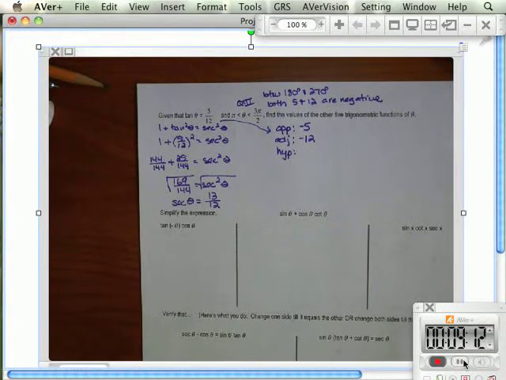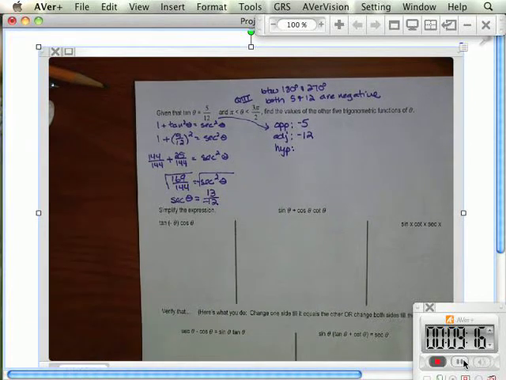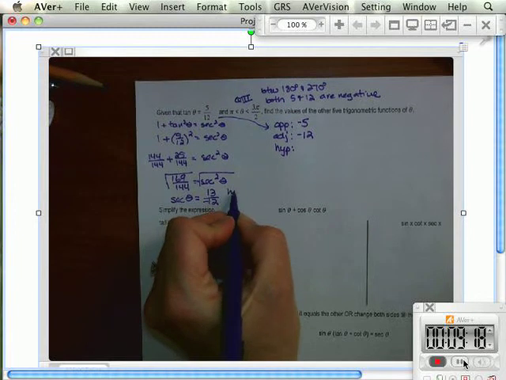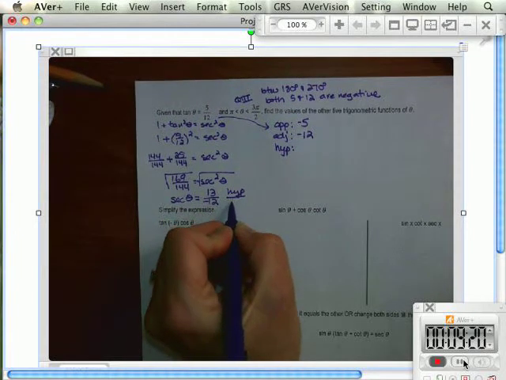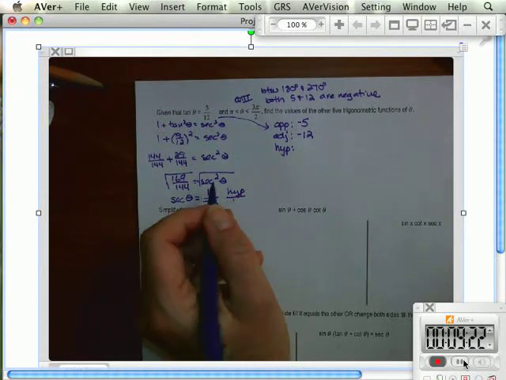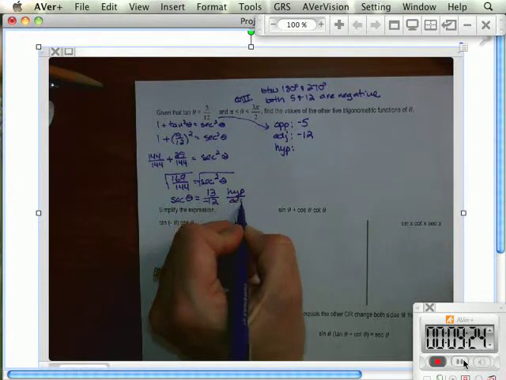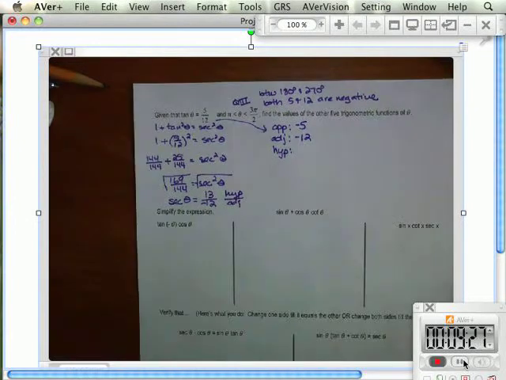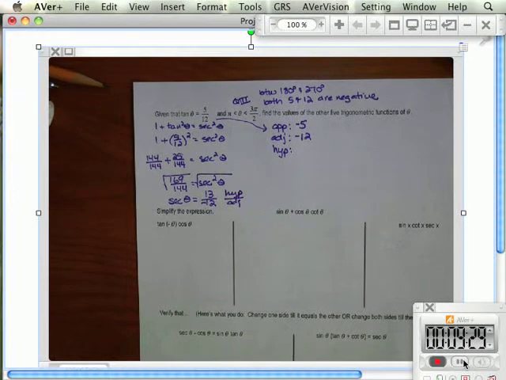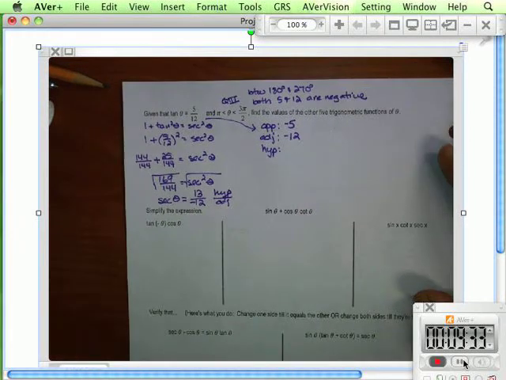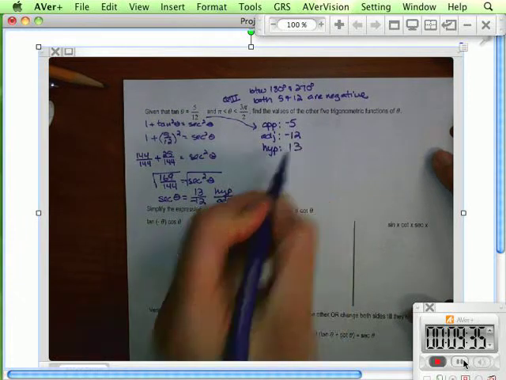Negative. So this is actually going to be negative here. The 13 is positive. That's how I get that, hypotenuse over adjacent. Does it work? Yeah. Cool. All right, so I know my hypotenuse is 13.